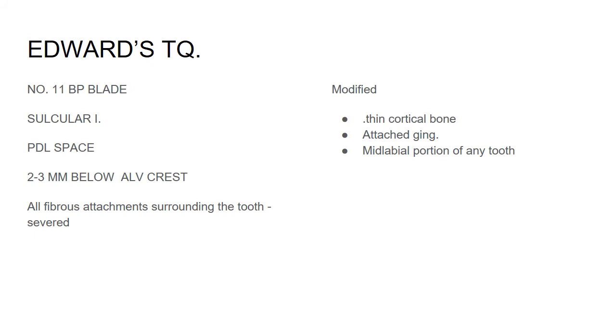The CSF procedure that we usually follow today is closely based on Edwards' technique of pericision. Edwards used a Bard-Parker blade, number 11, and placed the incision such that the bevel was directed towards the alveolar crest. This was a circular incision going all the way from the labial to the lingual surface of the tooth, which we do even today.